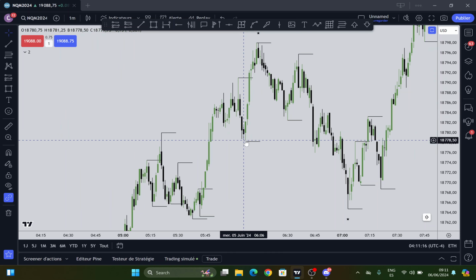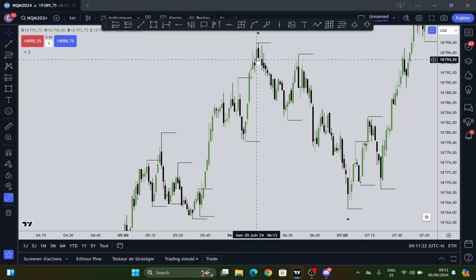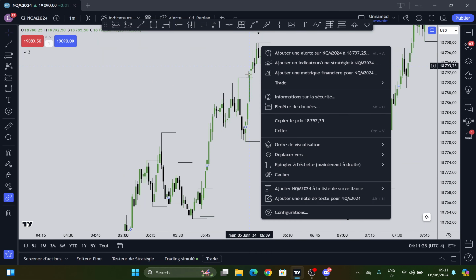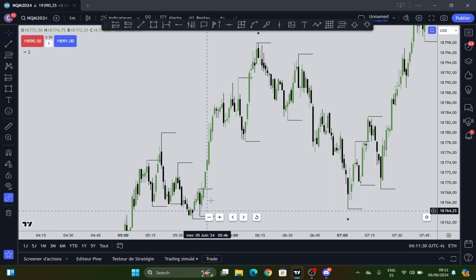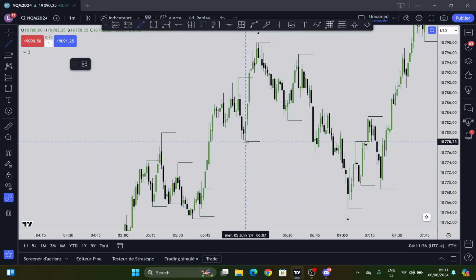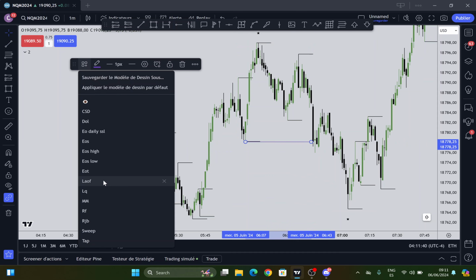But this zone had no inducement. When this happened, we left the range with speed, but I don't trust this range, because I know they would come back to it, and this would be the liquidity for the range.